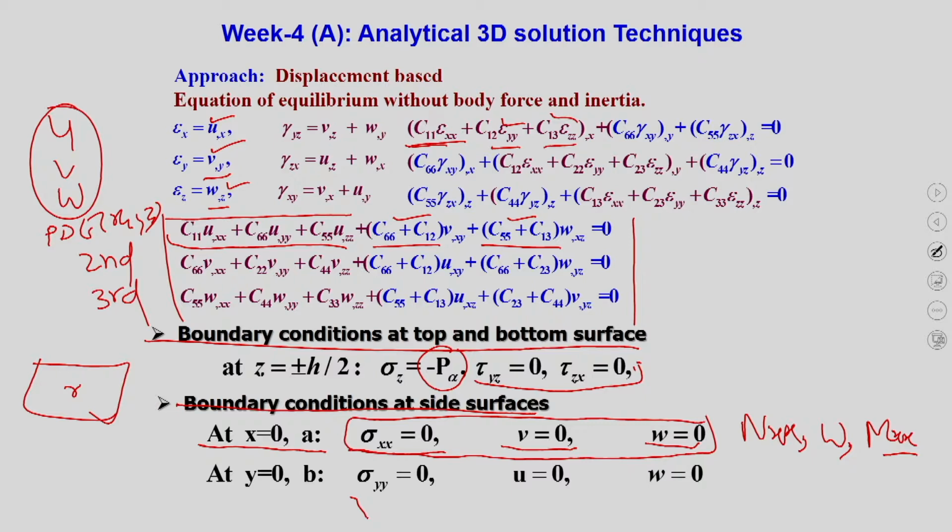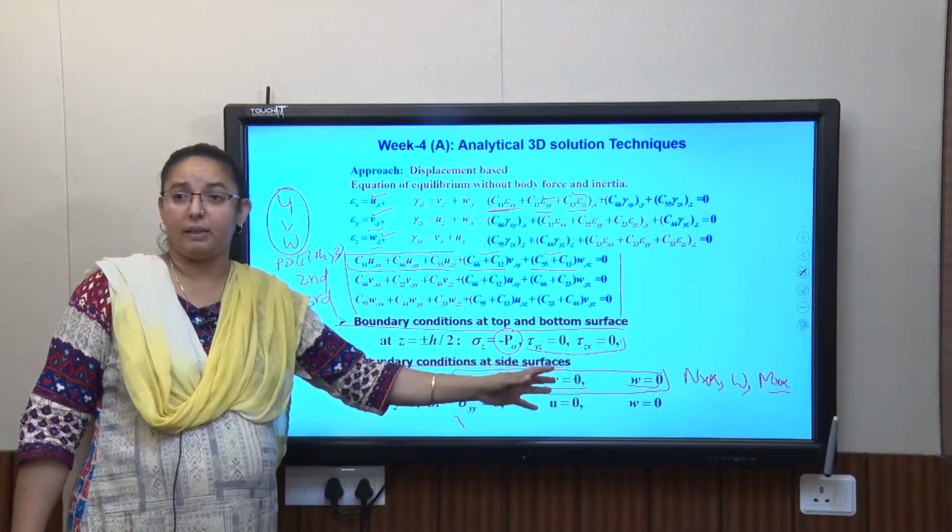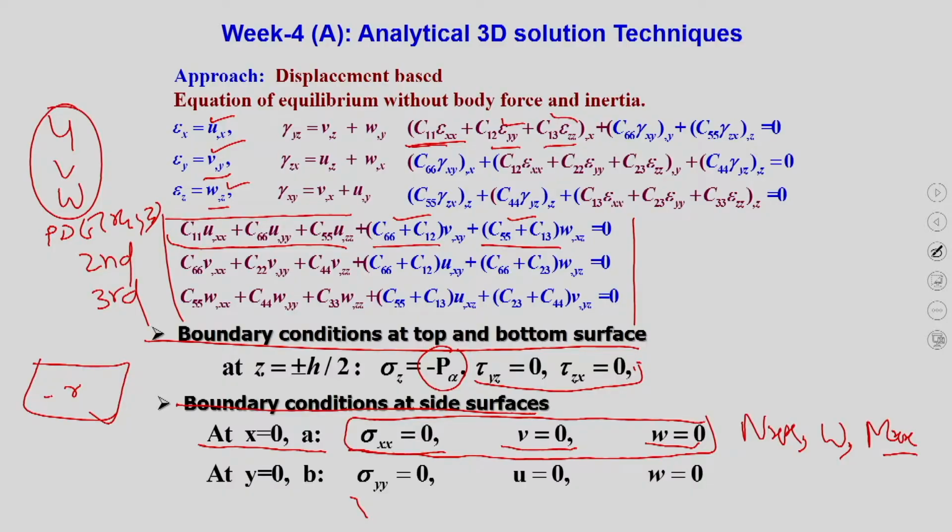If you take some other boundary condition, then you may not get the exact solution, because at the end of the day, I will explain, this is a special form of boundary conditions. Sometimes we call it hard boundary conditions.